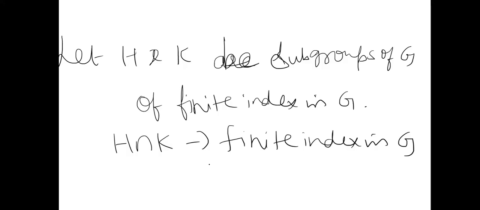We are given two subgroups of G. Both of them are of finite index. Now we have to prove H intersection K is again a subgroup of finite index. Okay, so what do we mean by index?